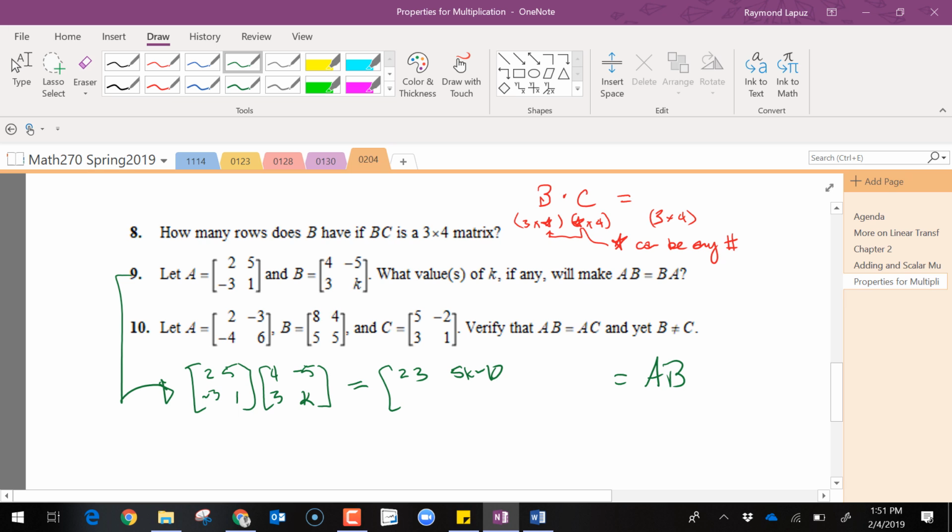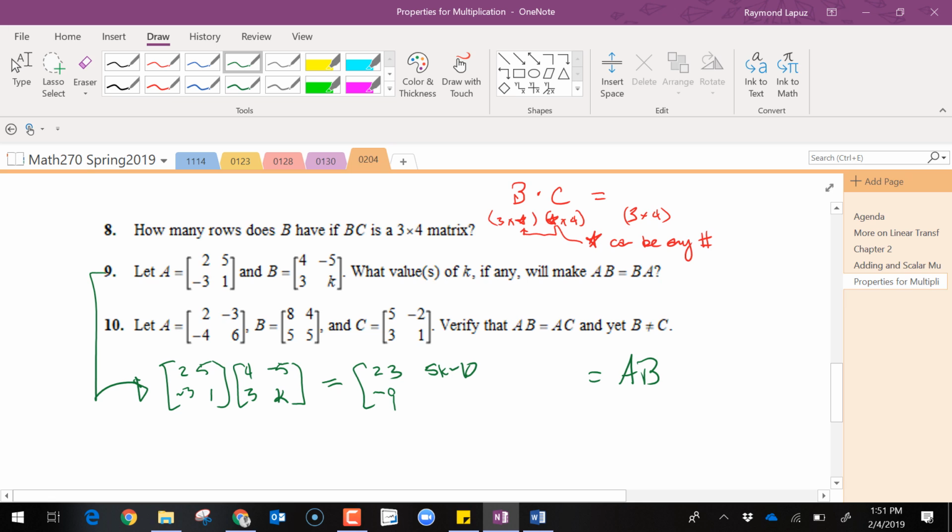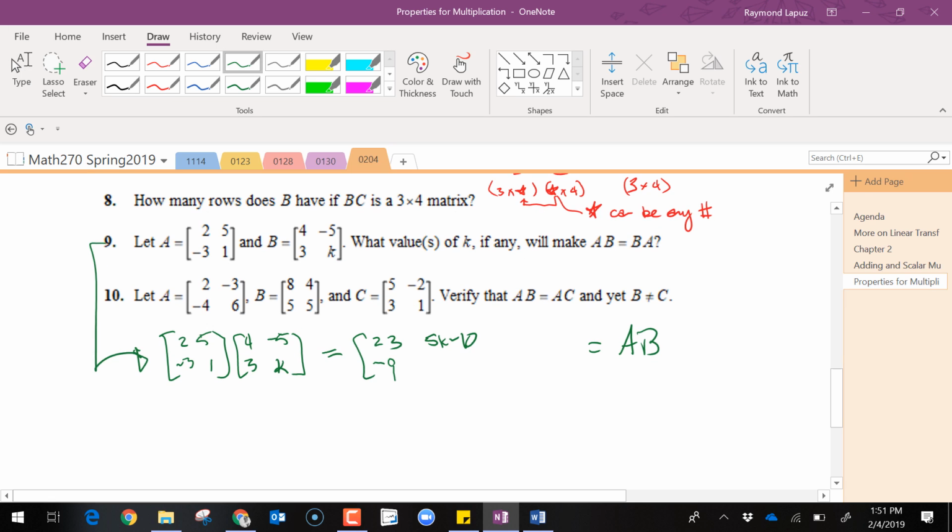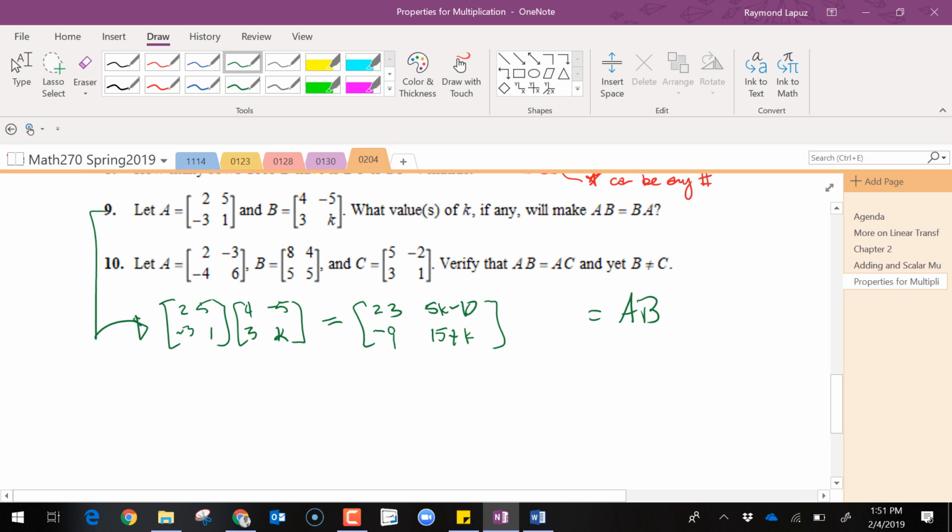Negative 12 plus 3. And 15 plus k. So that's what AB is equal to. Let's take a look at what BA is equal to.